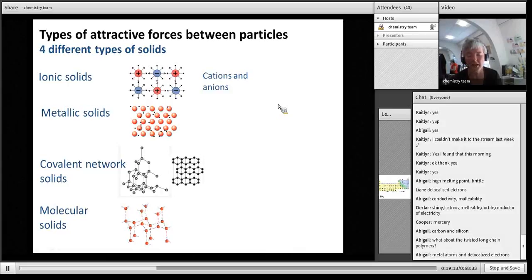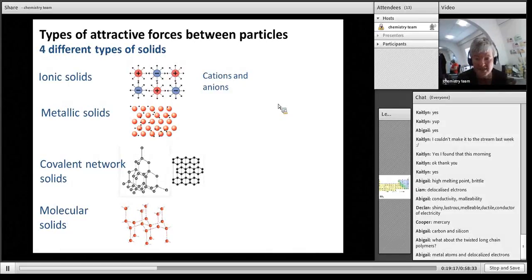Correct, Abigail. Now, as I say, at every chemistry conference I go to, there's always discussion: can we say metal atoms or can we say metal cations or metal ions? Because if you're sharing your valence electrons, you've sort of removed some electrons, but you haven't removed them completely like in a cation.